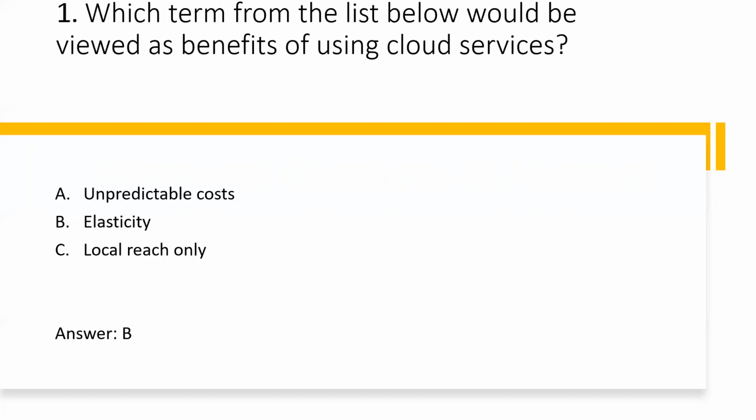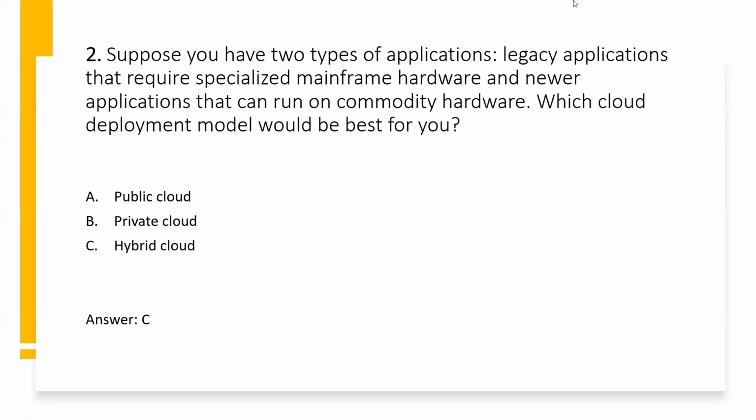Let's go to question 2. Suppose you have two types of applications. Legacy applications that require specialized mainframe hardware and newer applications that can run on commodity hardware. Which cloud deployment model would be best for you?